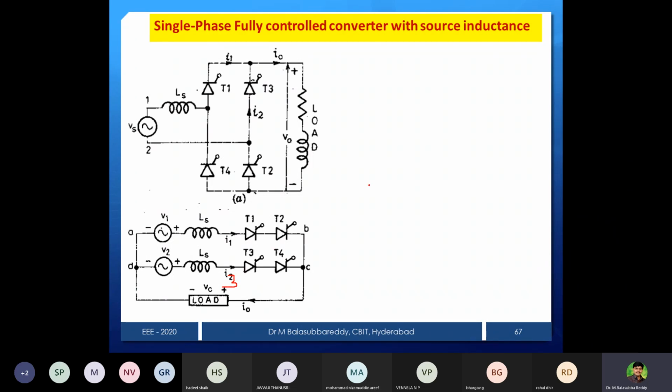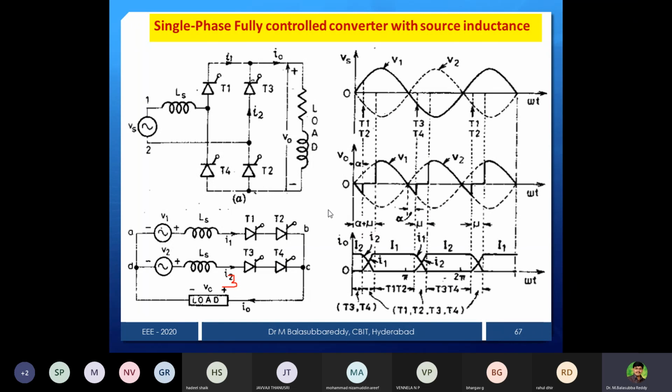Now we will see the voltage waveforms, current waveforms and all. During the positive half cycle, what will happen? Here T1, T2 are forward biased. At an angle of alpha, we give the firing pulse to T1 and T2. But before that, which devices are conducting?